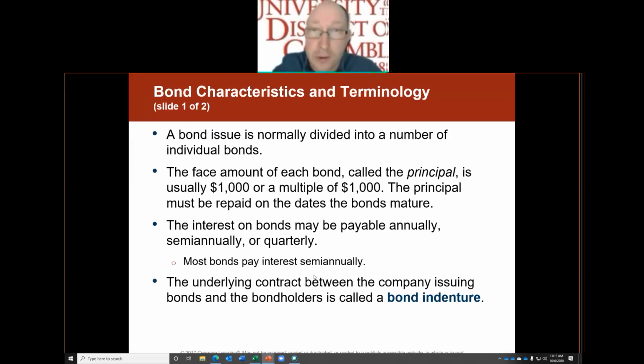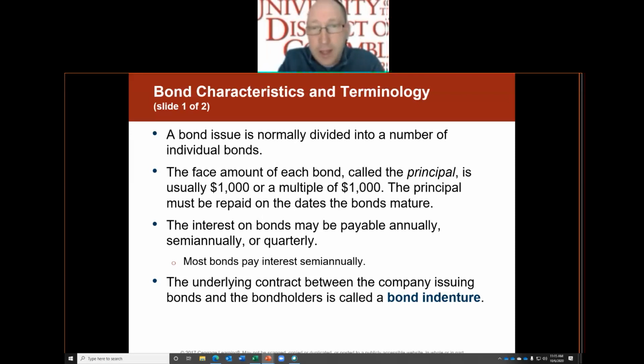Okay, so let's talk a little bit more about the terminology and what bonds look like. Normally, a bond issue is divided into a number of individual bonds. What does that mean? Let's say a company has a $100,000 bond.